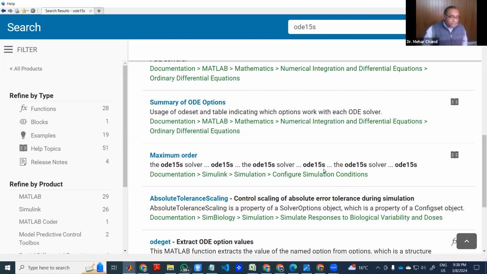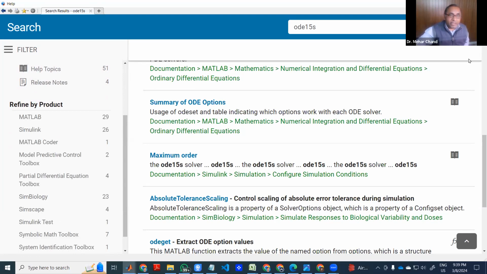But before using, you need to be clear which solver is useful for a specific problem, and all these solvers available in MATLAB have specific conditions where we can use them. Okay, for this there will be a special session about these solvers, which are also helpful to solve different types of boundary value problems as well as initial value problems.